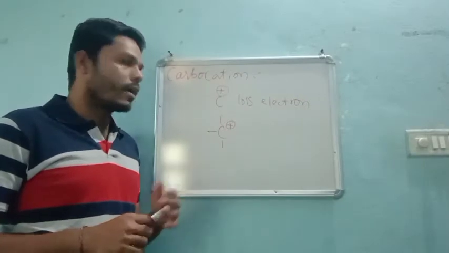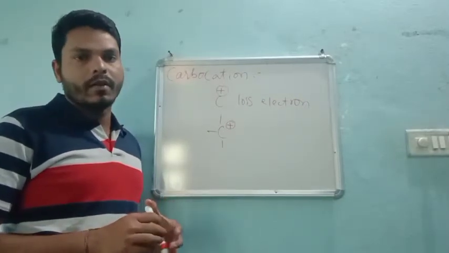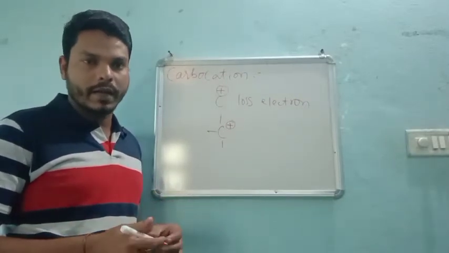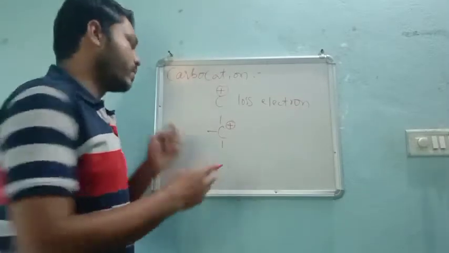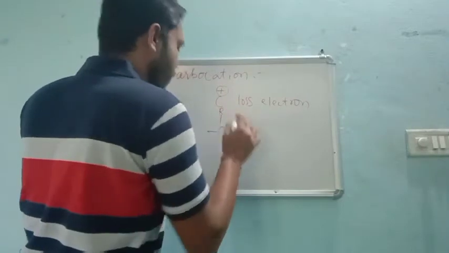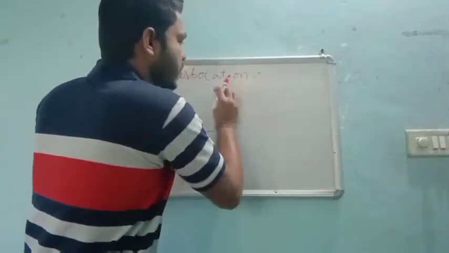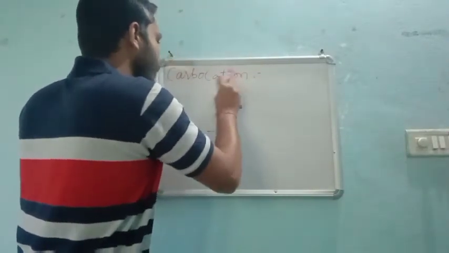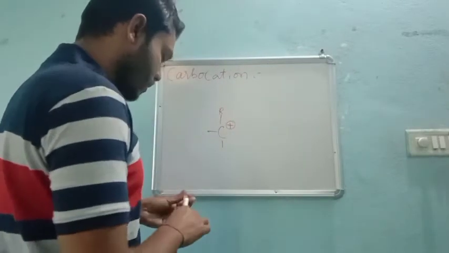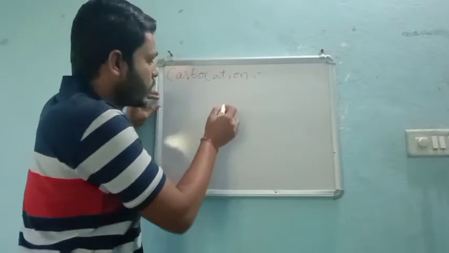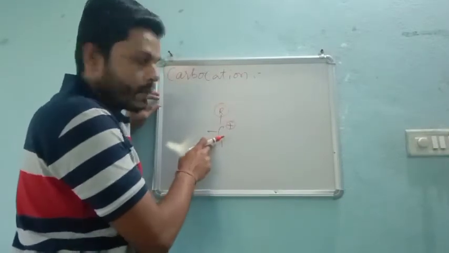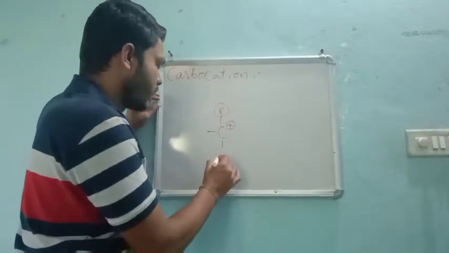Classification of carbocations: primary carbocation, secondary carbocation, and tertiary carbocation. Primary carbocation is based on the R group, when we classify these alkyl groups. If one R group is present around the carbon atom, then it is called a primary carbocation.